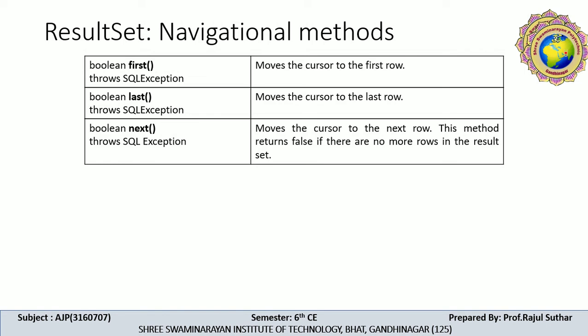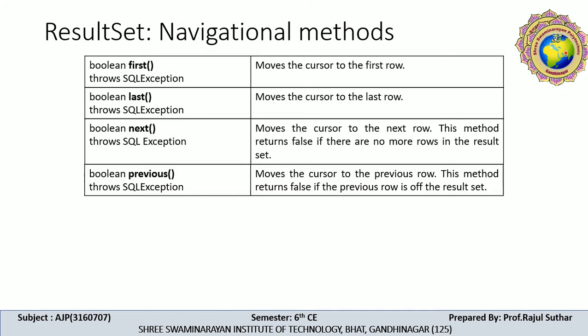Then previous. This method returns false if there is no previous row in the result set. Meaning, if your table contains 5 records and you are moving previous from the last location, from 5, after clicking previous we get 4, 3, 2 and 1, and the cursor moves to the last position, that is 1.